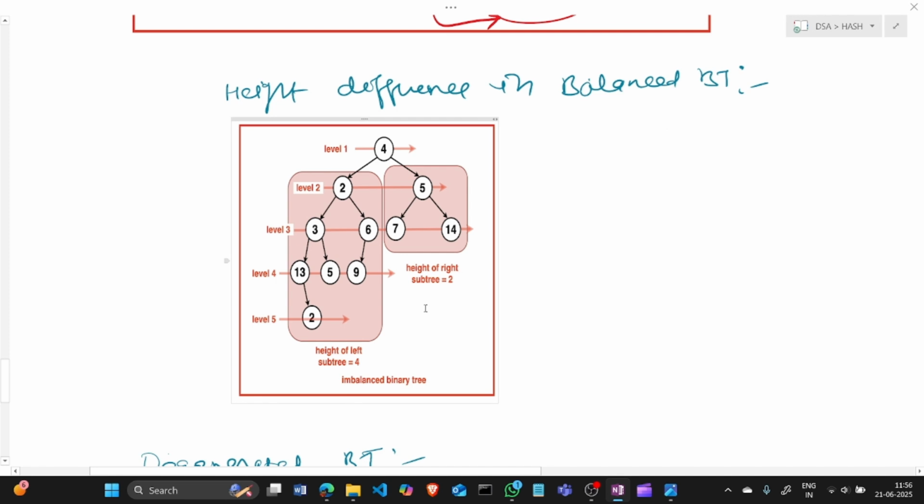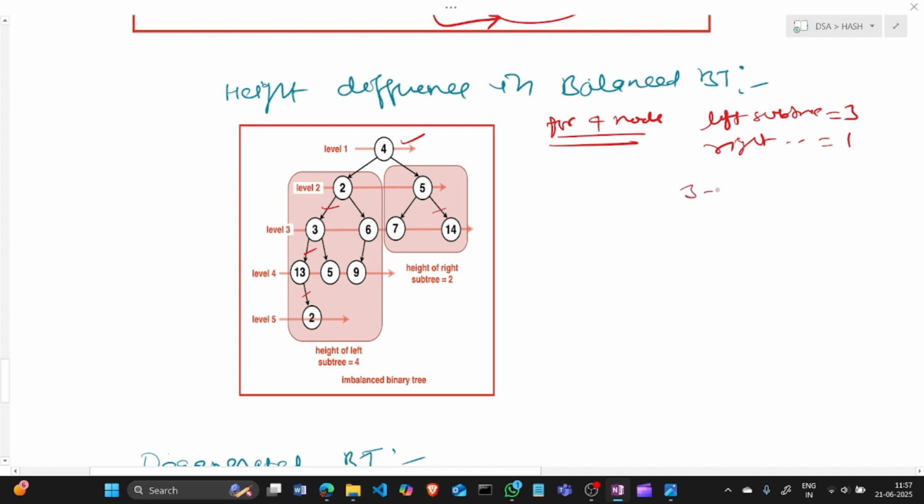Let's see another example of this. If we check the height at node 4, is it balanced or not? Let's see the left subtree height and right subtree height of node 4. The left subtree height is 1, 2, 3, and the right subtree height is 1.